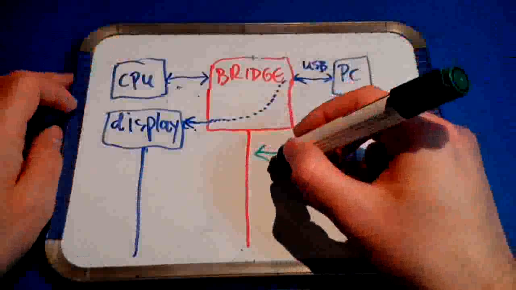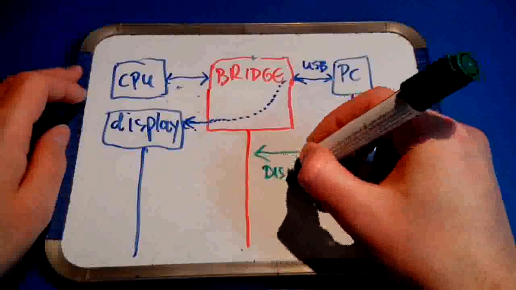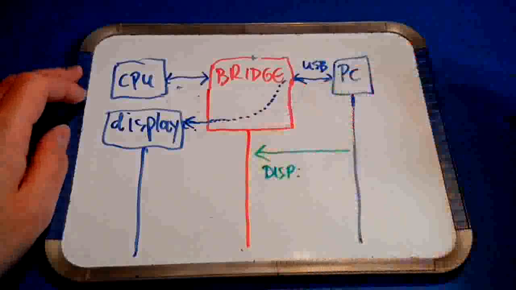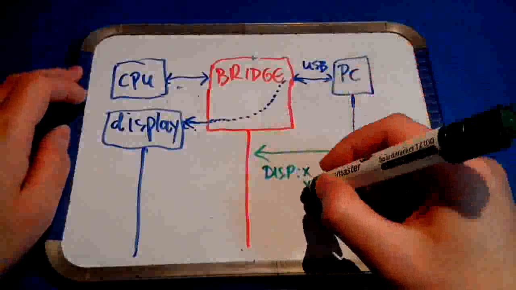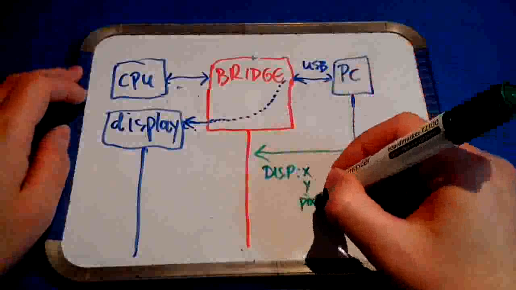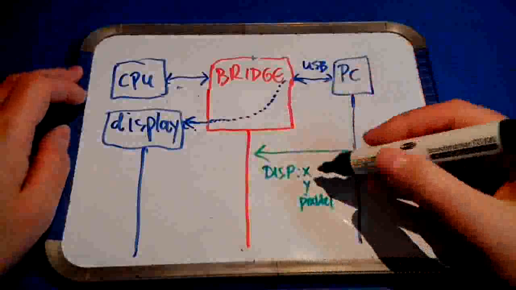And by doing that, it issues a display command to the bridge with as parameters x coordinate, y coordinate, pixel value, right? And that's basically it.